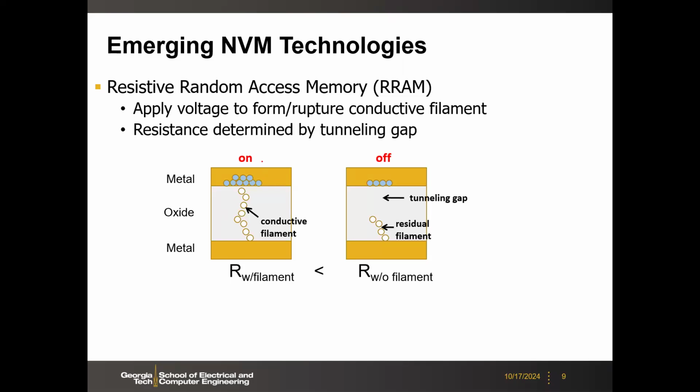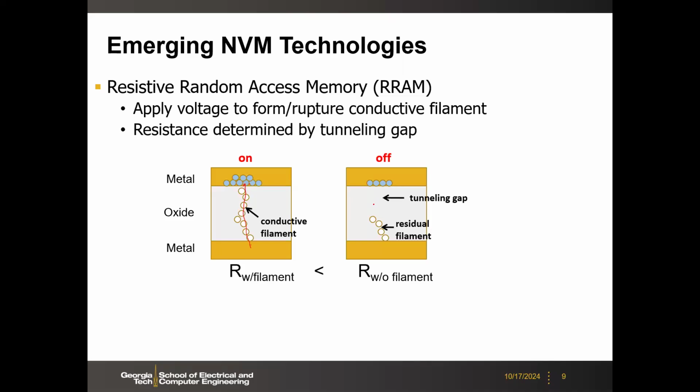If you apply large enough voltage, you are going to generate a lot of oxygen vacancy. This oxygen vacancy will be lined up to form this conductive filament, so electrons can flow. Therefore, you have the currents. And also, you can break this filament by reversing the voltage polarity or burn a large current.